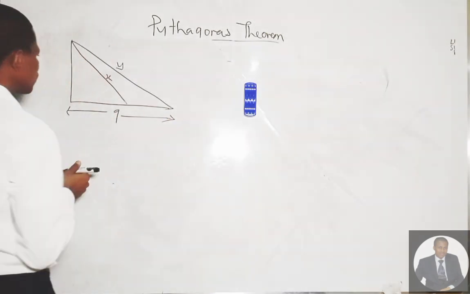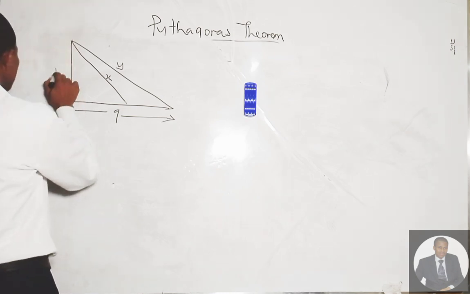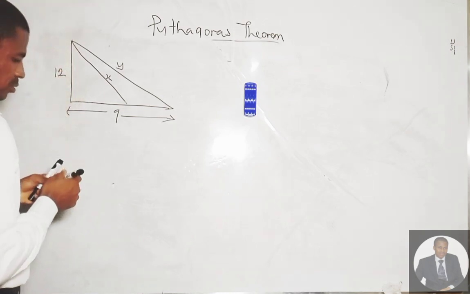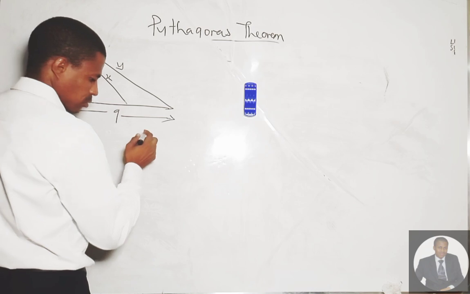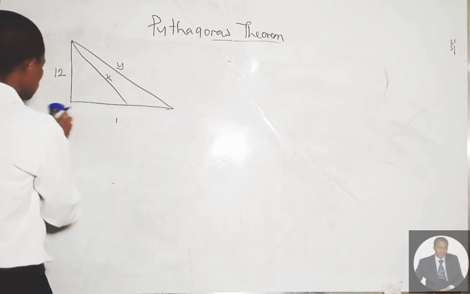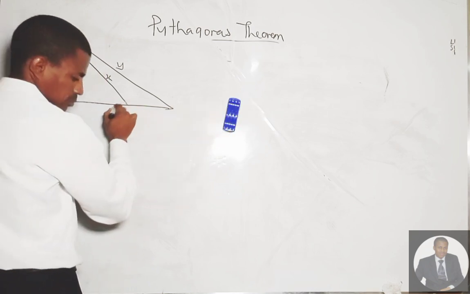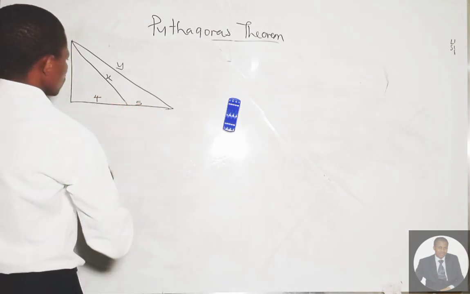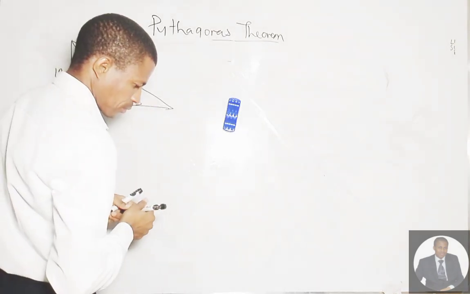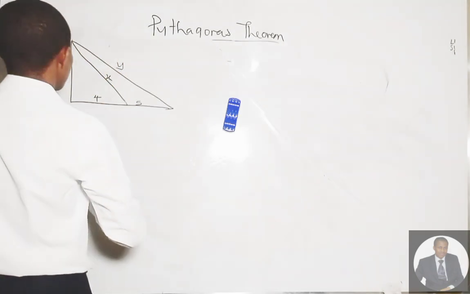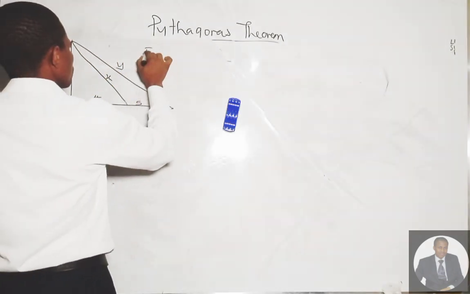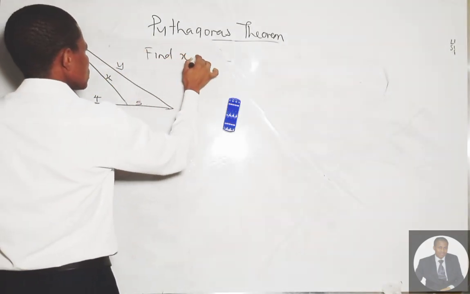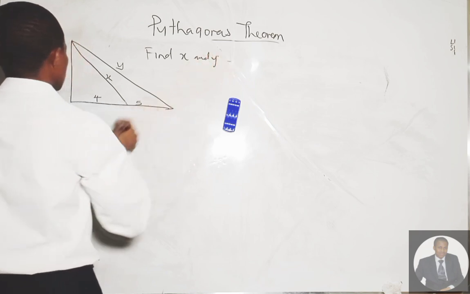And then we have this 12. Sorry. This is 5, this is 4. And we have to find x and y.